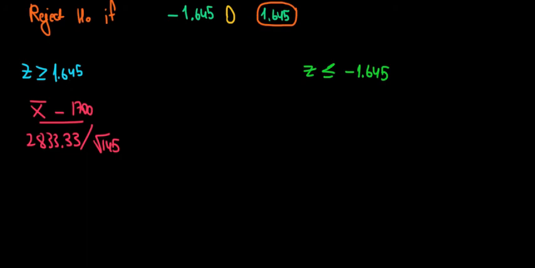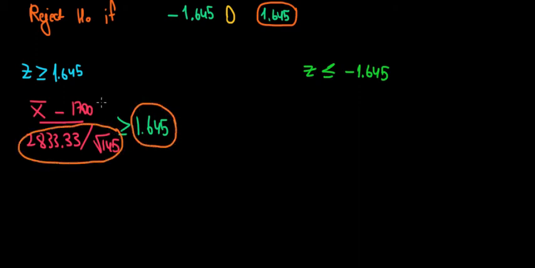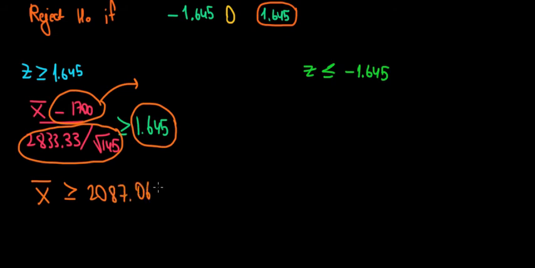This must be greater than or equal to the critical value, 1.645. We do a cross multiplication to find x bar: we multiply by 1.645 and add 1700. So x bar is greater than or equal to 2087.06.